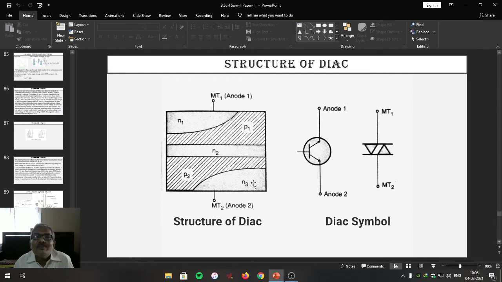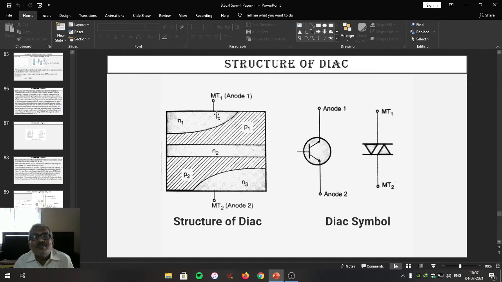But friends, as it is a bidirectional device, if you reverse the polarity of the externally connected battery, that is, the negative terminal of the battery is connected to MT1, and the positive terminal of the battery is connected to MT2. Under this condition, MT2 makes reverse bias to the N3 and forward bias to the P region.